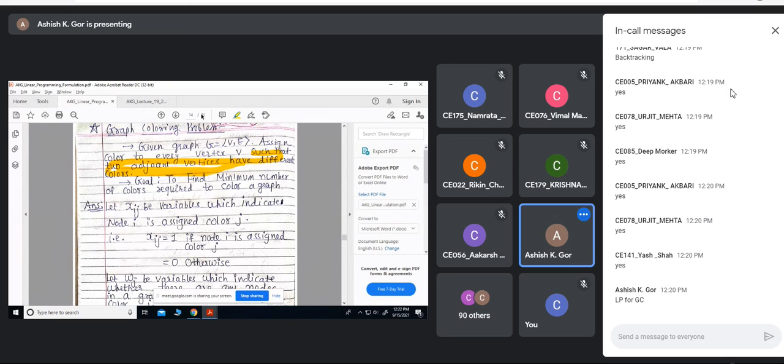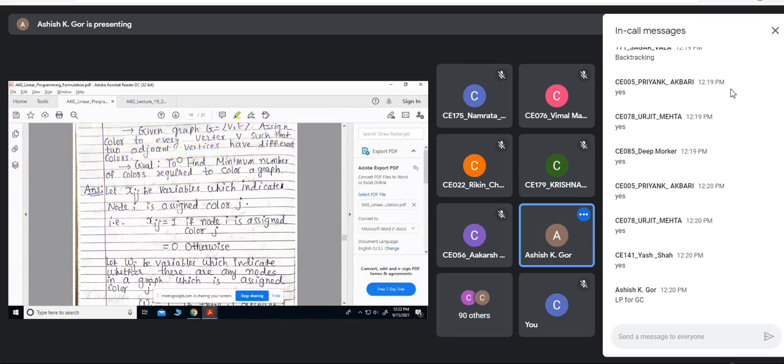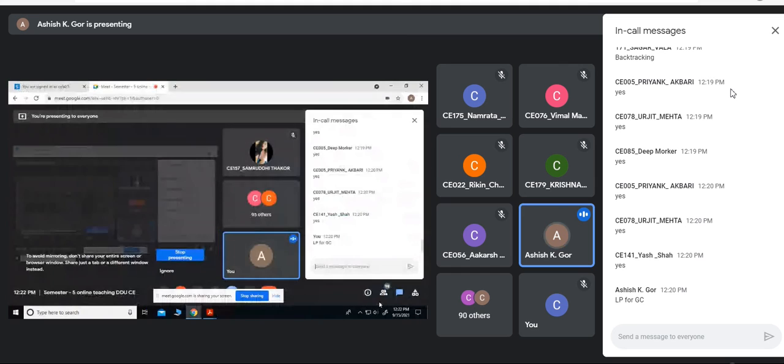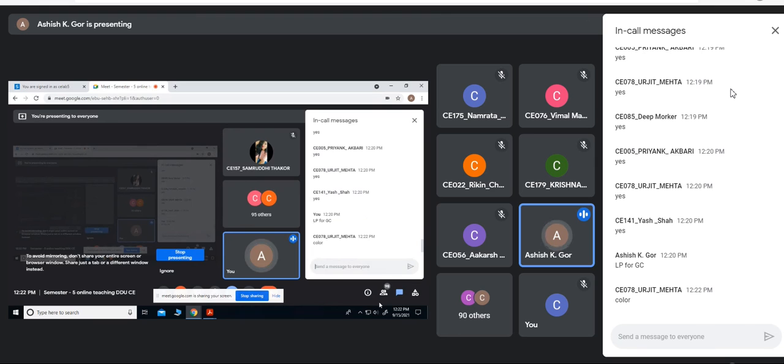So what are the variables? Before I tell you the solution, can somebody tell me what the variables would be, like x1, x2, x3, x4? Any idea?